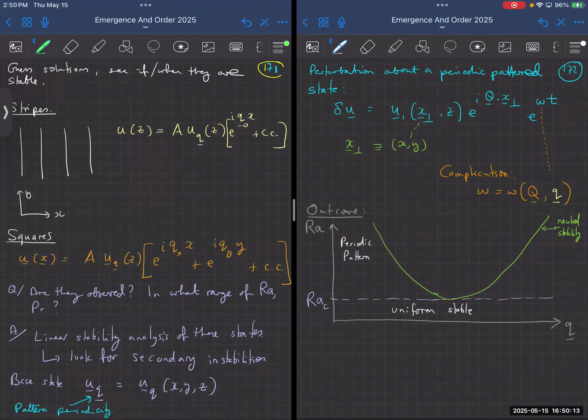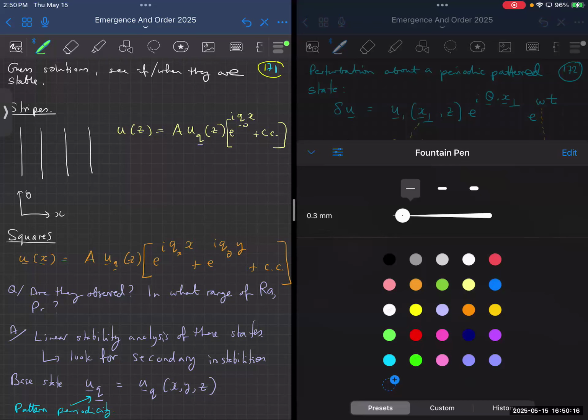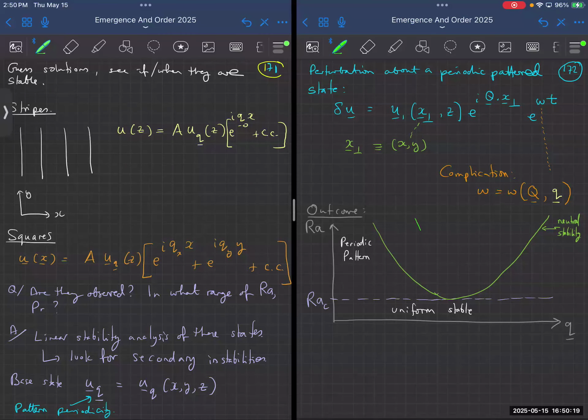It turns out that there's another region in this curve, which looks like this. So in this region here, the periodic pattern is stable. And in this region over here, the periodic pattern is unstable, in this region and in this one over here.